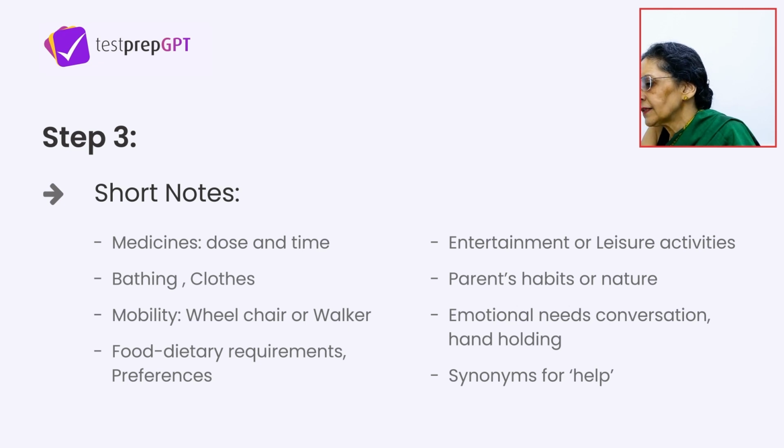Would you like to tell your friend a little bit about your parent's habits or some kind of emotional needs? Maybe the parent likes to talk or maybe wants somebody to hold his or her hand and give them some emotional support. Think about all these for your second bullet point.